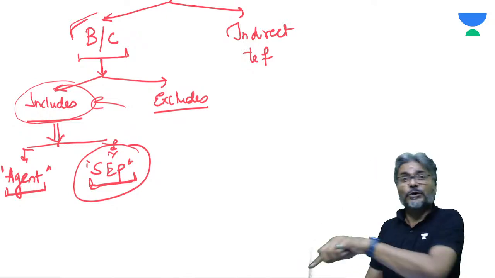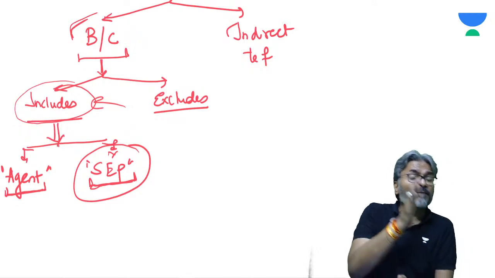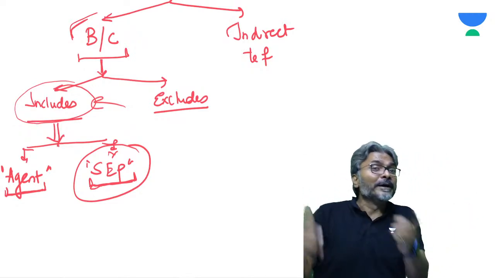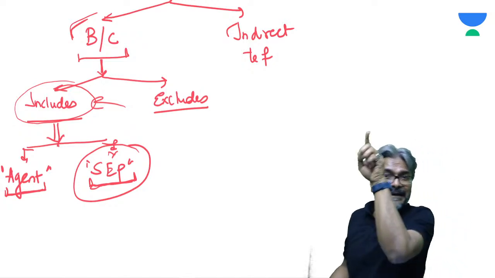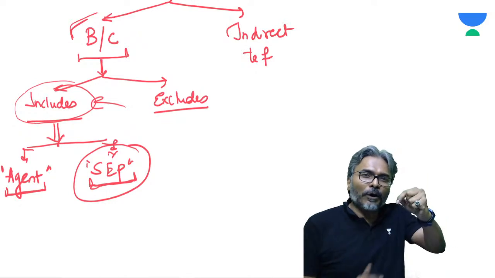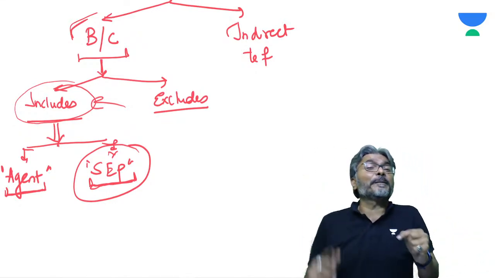To capture those non-residents within the umbrella of the Income Tax Act, the definition of business connection has been expanded to include significant economic presence as well. So business connection will also include a non-resident having a significant economic presence in India.